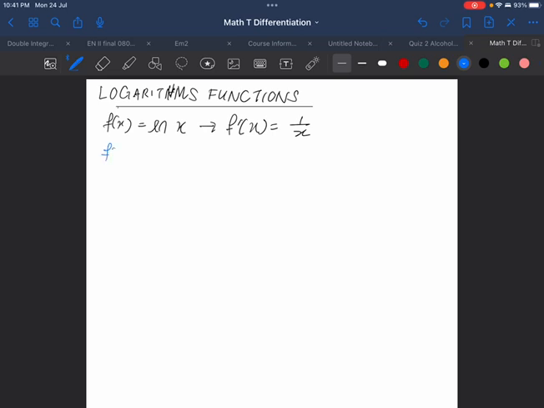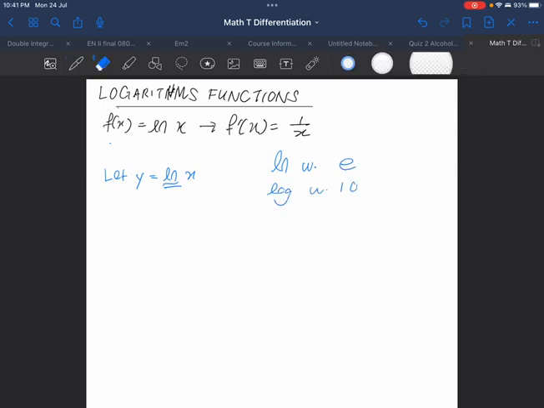So let's say we have f(x) equals ln x. Now I will use this method. Let y equal ln x. Then how do we cancel out the ln? In general, we know that ln goes with e, and log goes with 10.